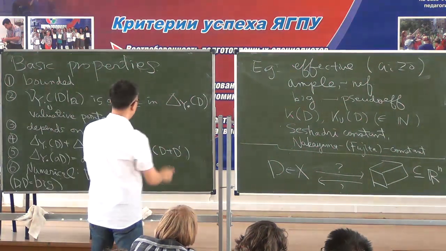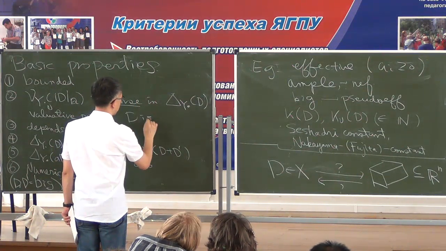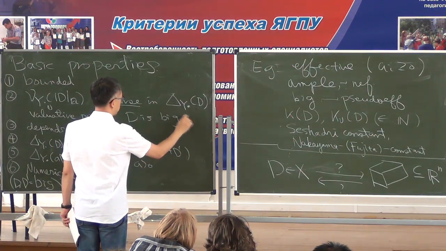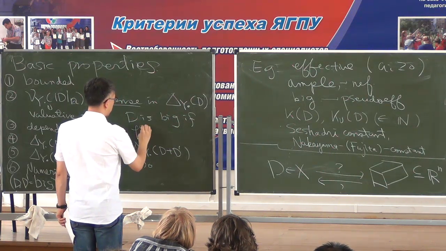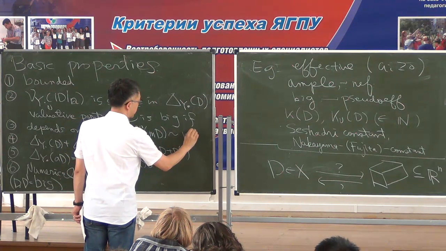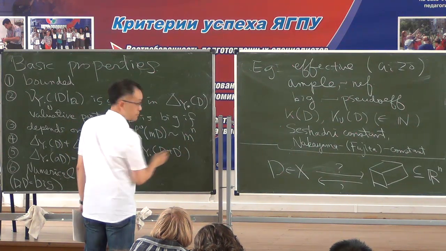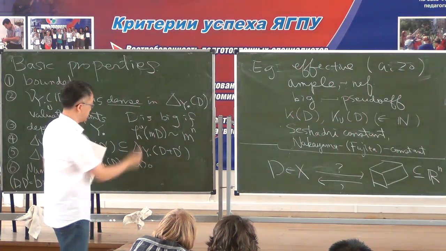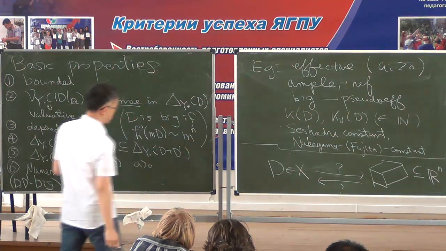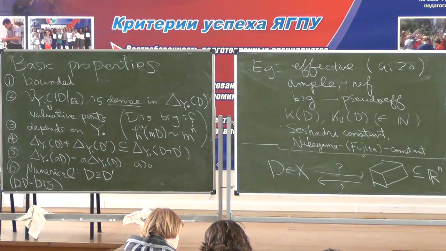Big. So D is big if h0 of mD grows like m to the n for m large.